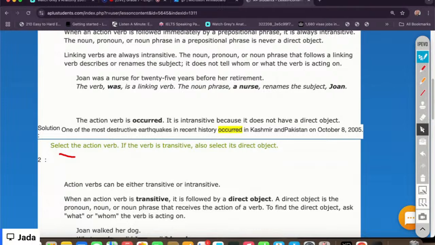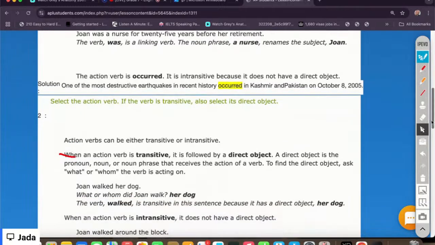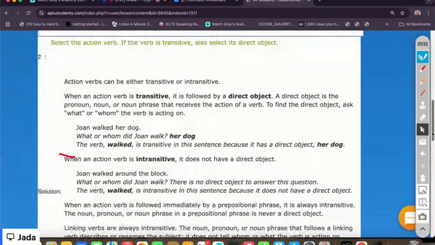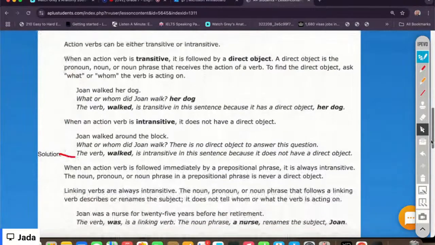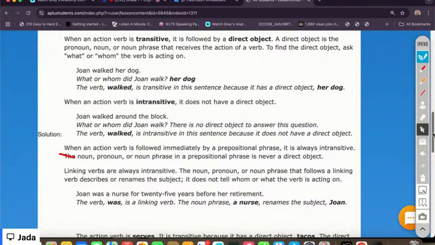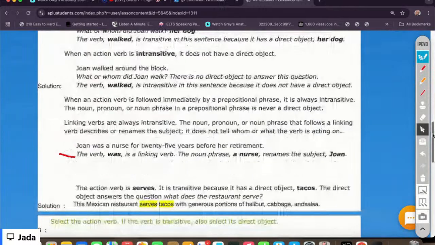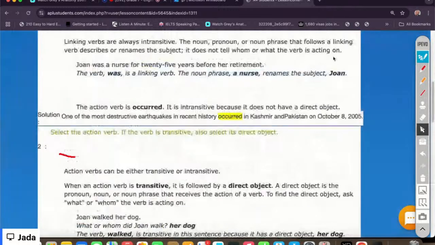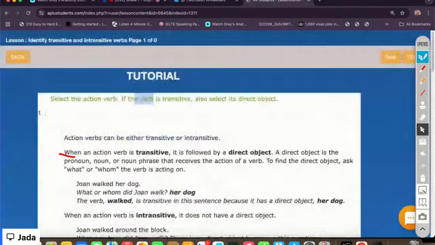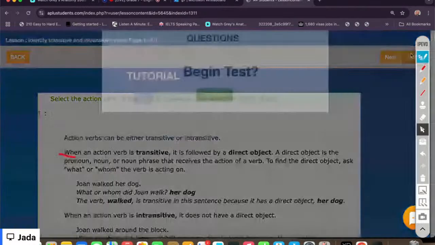Okay, let's see. Okay, we will just move to the test. You can share your answers if you know.